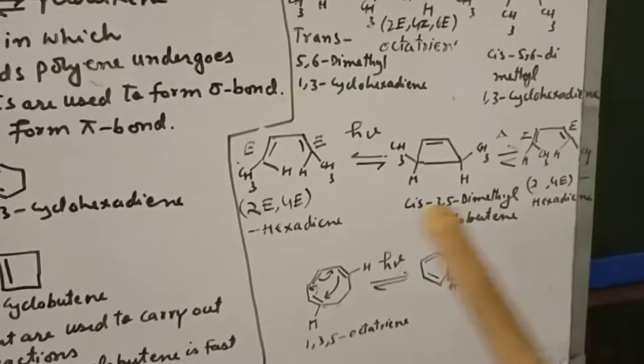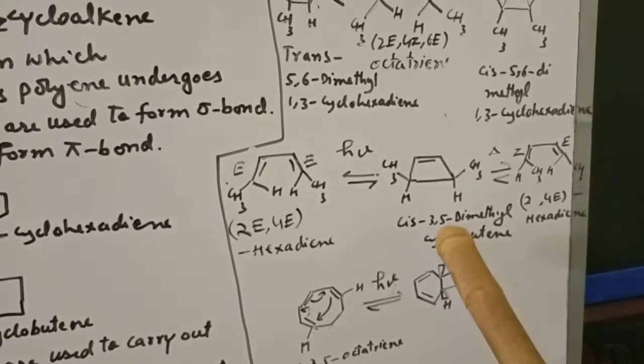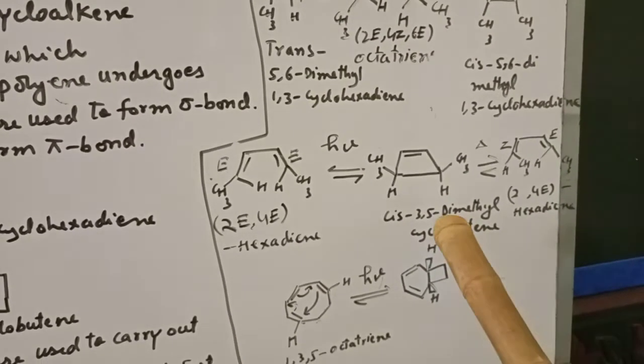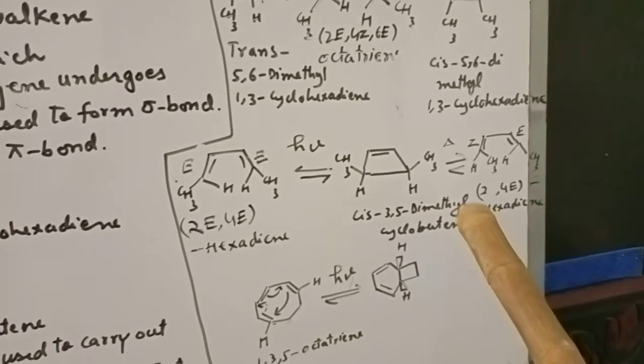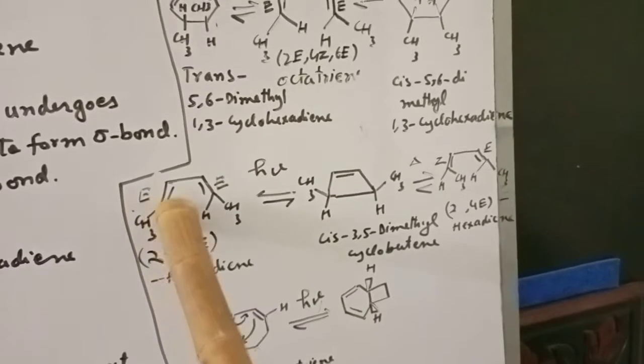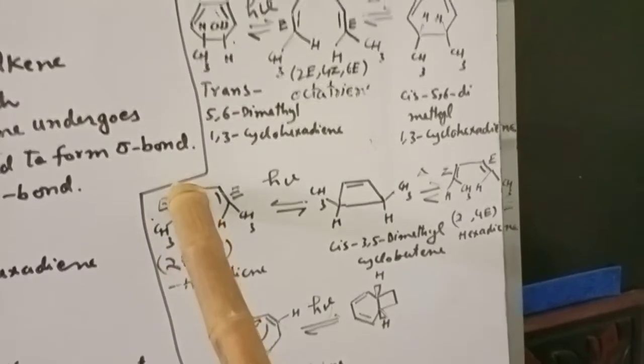Another example is 3,4-dimethylcyclobutene on photochemical ring opening reaction. This gives the 2E, 4E. On the 2 double bond carbon, the alkyl groups are on the opposite side.